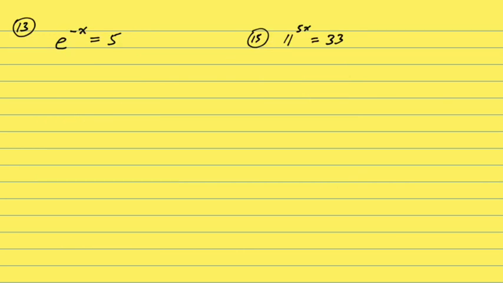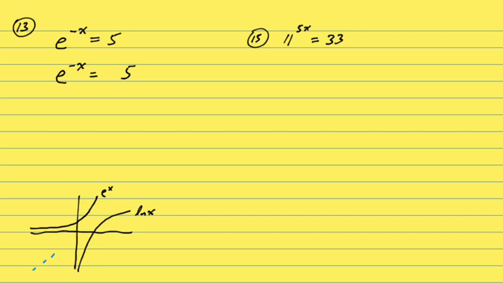Okay, let's look at one like 13. I'm going to jump around a little bit because I'm trying to hit all the topics on this recording. I'm rewriting this. You have to understand inverse functions. e to the x inverse function is natural log of x.